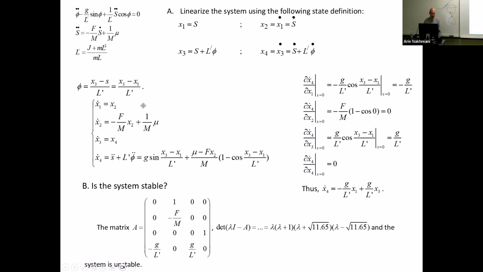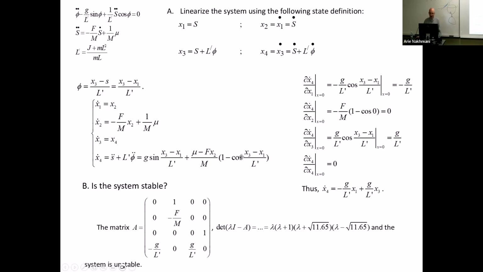So it will be, practically speaking, 0, 1 divided by m, 0, and it will be here. Mu is only here, so it's 1 divided by m multiplied by 1 minus cosine, but this will be 0, right? At the equilibrium point, it will be cosine of 0.